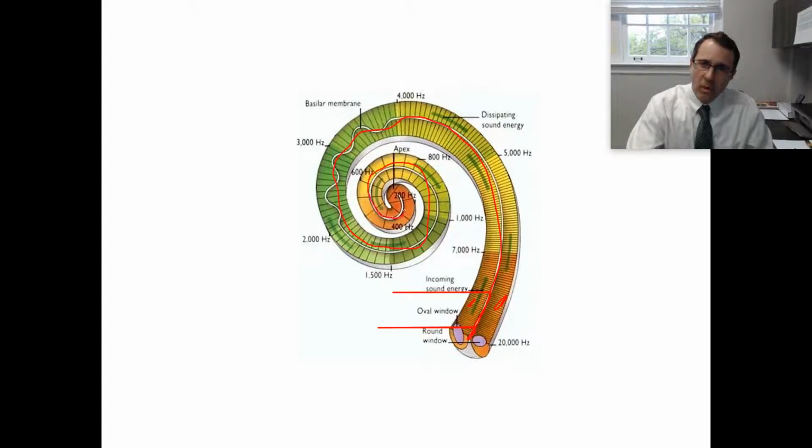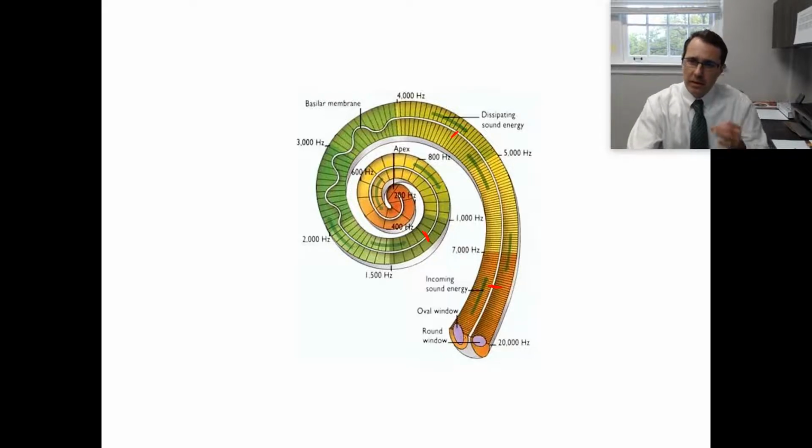So when you think of the organ of Corti, don't think of it as being here on the cochlea or here on the cochlea. It's not at one place on the cochlea. The organ of Corti is within the scala media. That is the middle chamber of the cochlea, and it runs the length of the cochlea. So the organ of Corti runs the length of the cochlea.